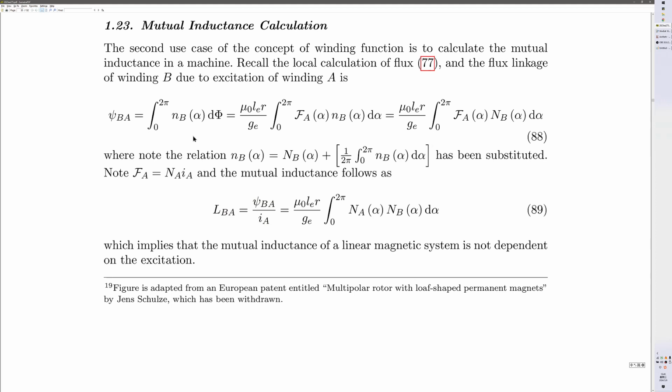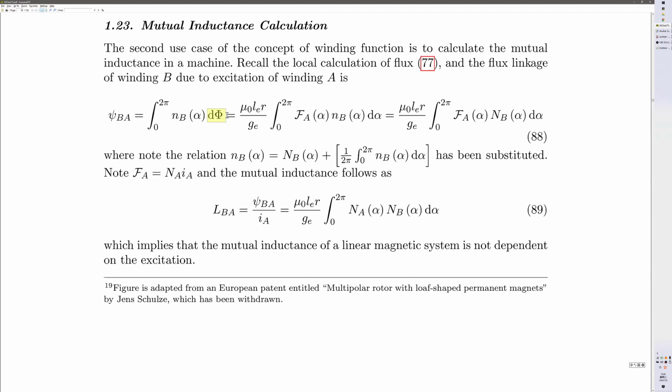So basically we can do this using the turn function or winding function by definition. So the flux linkage of circuit B due to current excitation on circuit A is equal to, now, recall we have derived the expression for our flux defined here.